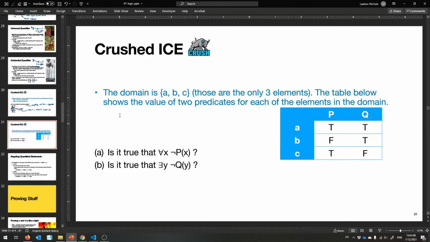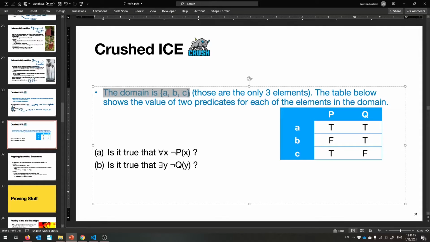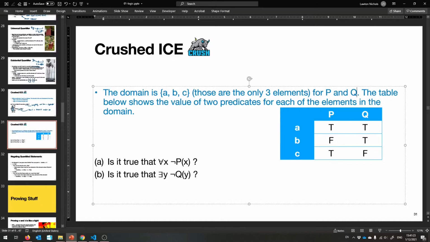Let's keep on going. Let's have another. Take a second to think about this question. The domain now is A, B, and C for both P and Q. For these predicates P and Q that I'm defining in this table, the table shows the value of the predicates for each of the elements in the domain.